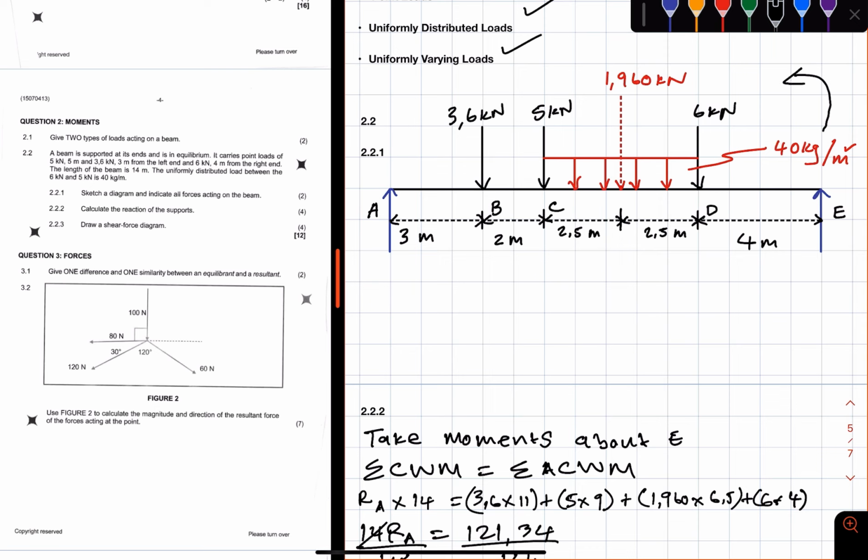Anti-clockwise. So the reaction at support E is going anti-clockwise, and then all the other forces, so all your other point loads, including the weight, are going to go clockwise. That's going clockwise. This one is going clockwise. The weight of the UDL is going clockwise. The 6 kilonewtons also has a clockwise turning effect, right? So our only anti-clockwise moment is the reaction at support E.